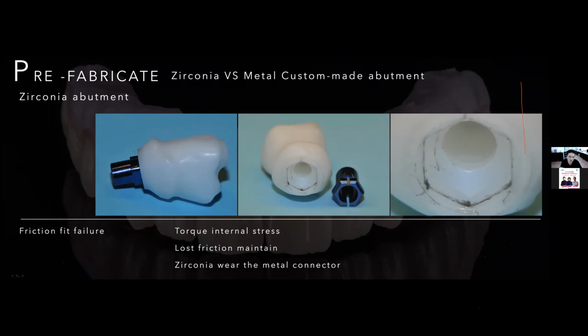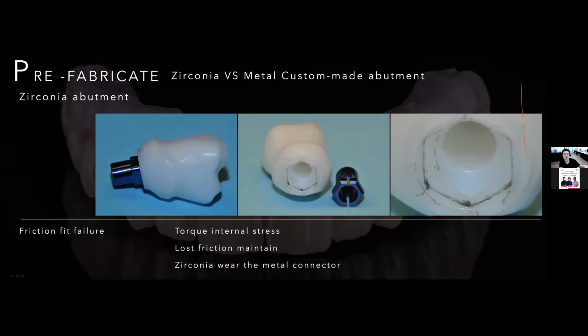When you use the screw to lock and expand your interface to fix your zirconia, sometimes there is a micro space, and when the patient is chewing, there will be micro mobility, and that means your zirconia will wear the metal interface. So you can see on the inside edge of the zirconia a lot of metal scraped in the zirconia. That means the zirconia is wearing your metal interface.